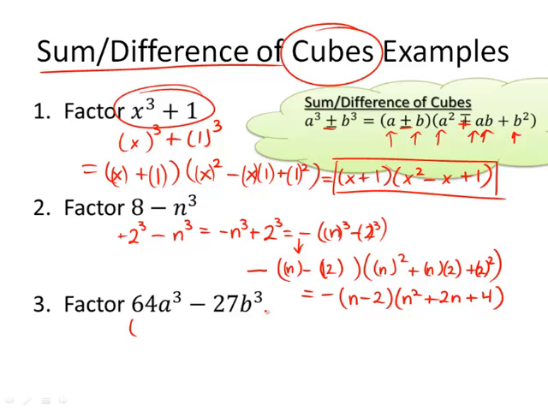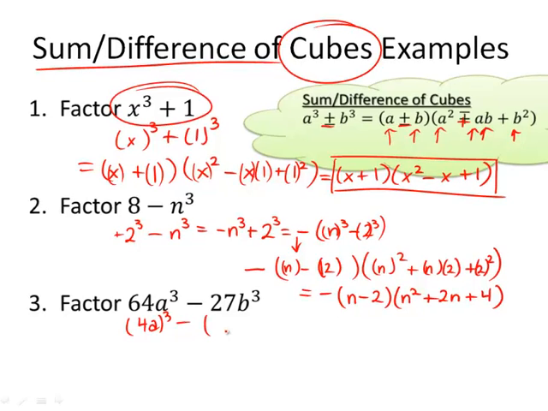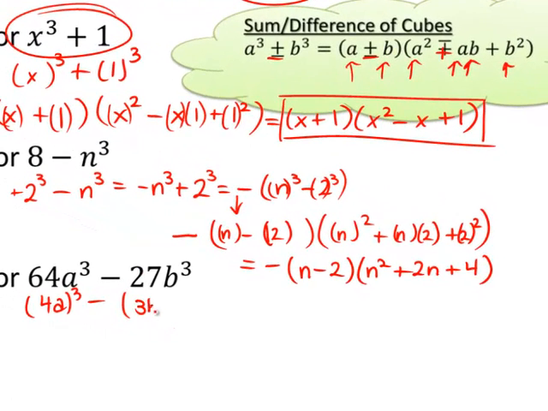So that is 4. 4 cubed gives us 64, so 4a, all cubed. And 27 is 3 cubed, so 3b to the power of 3. All right. Now, again, just as before, we're sticking it into the formula with the negative there.